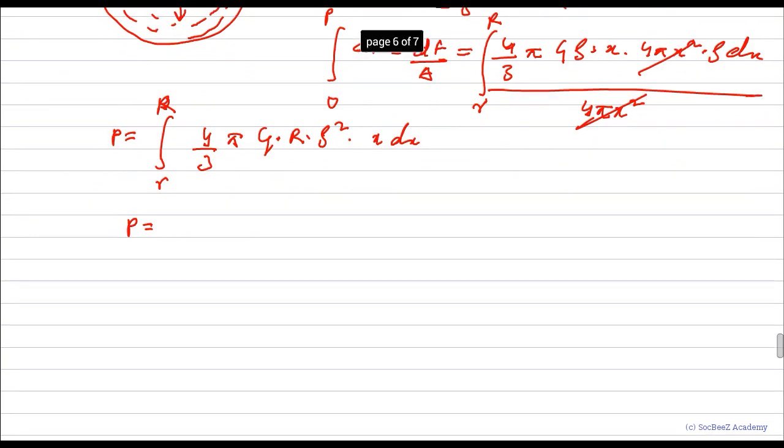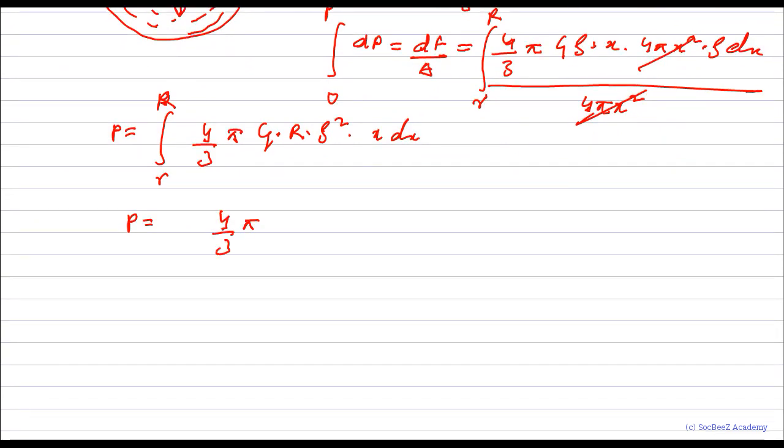So p turns out to be 4 by 3 pi G into rho square into x square by 2. This is going to be from small r till capital R.